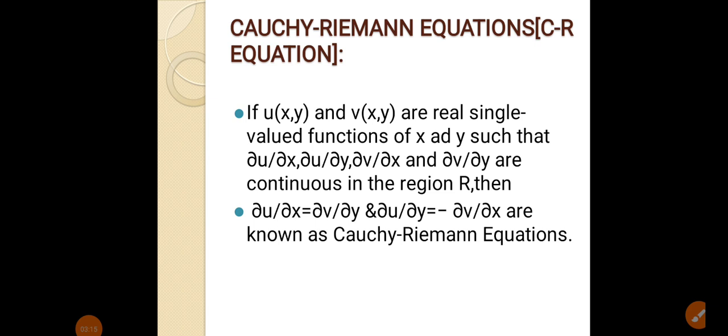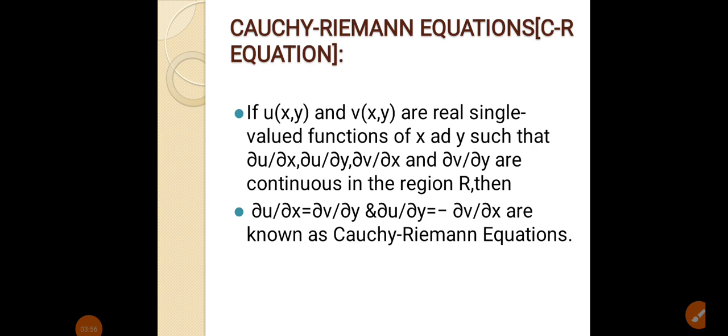We take two functions: if u of x y and v of x y are real single valued functions of x and y such that del u by del x, del u by del y, del v by del x and del v by del y are continuous in the region R. We already studied continuous functions, so you can revise from my previous videos.